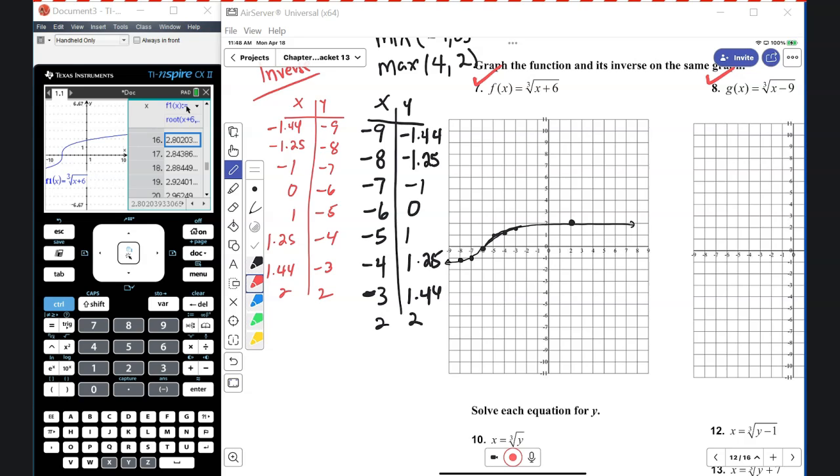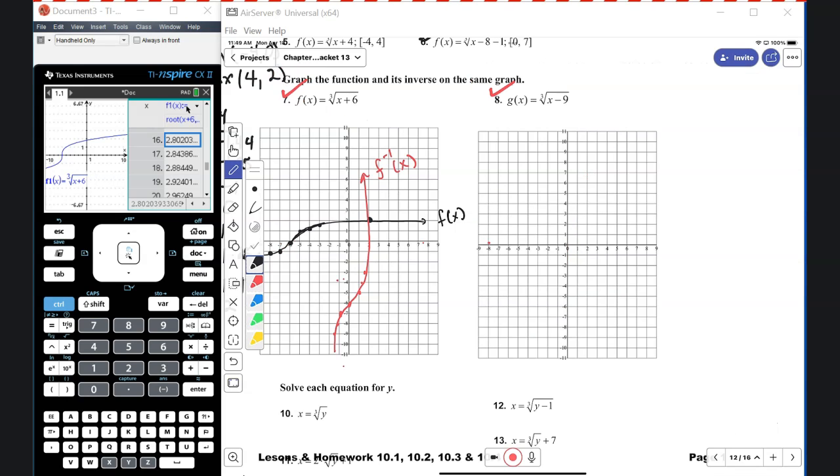So we have -1.44, -9; -1.25, -8; -1, -7; 0, -6; 1, -5; 1.25, -4; and 2, -3. So it's something like this. This is f, this is the inverse of f, and this is f of x.